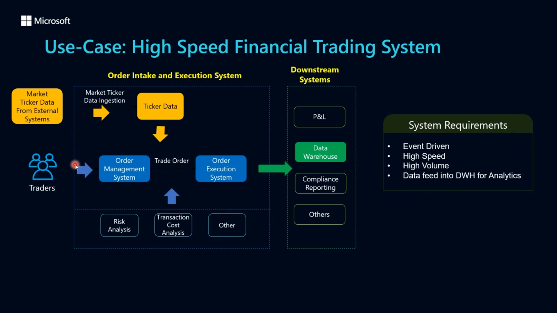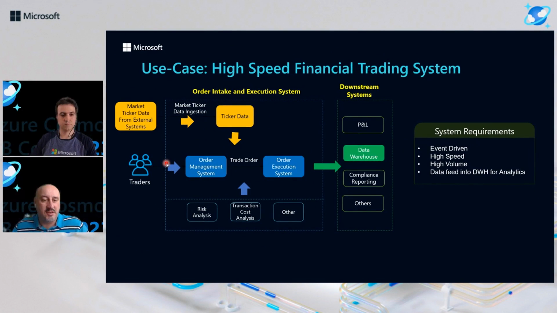You also have the order management system, which absorbs the events for buy and sell from your traders, and from trading APIs you may expose to your customers as well. That data is combined and flowed into the order execution system, which uses the data together to actually match buy and sell orders based on trader data.